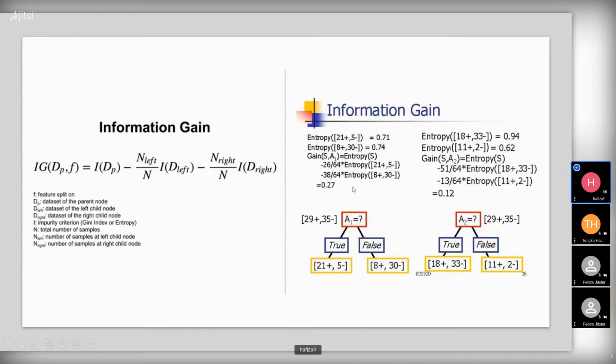Then you can get the information gain. The same goes for the second tree; you can get the information gain with the same formula.